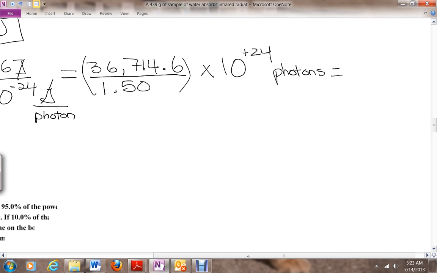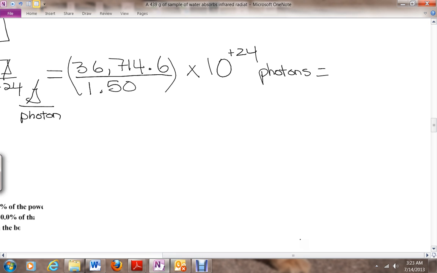This is equal to 24,476 by 10 to the 24 photons.